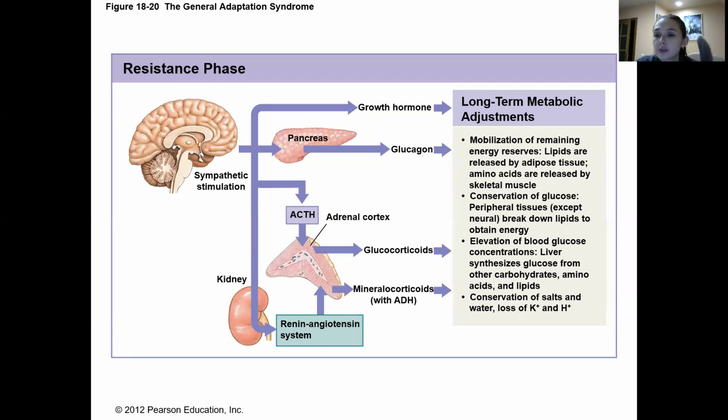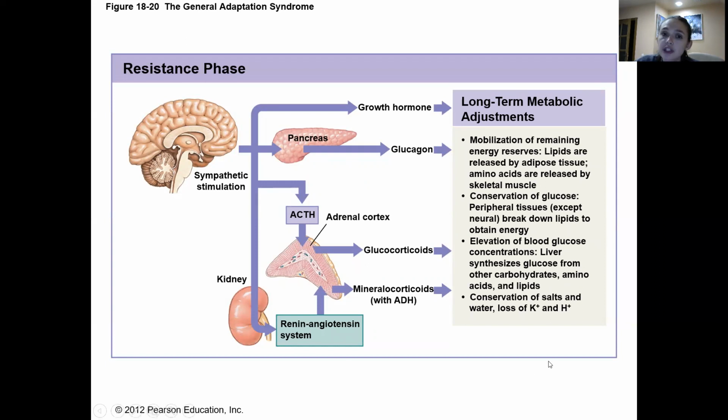Lipids are released by the adipose tissue and amino acids from the skeletal muscles. Fatty acids and amino acids are used further for gluconeogenesis. Growth hormone also takes part to increase the level of glucose through its influence on the metabolism of carbohydrates, proteins, and fats.